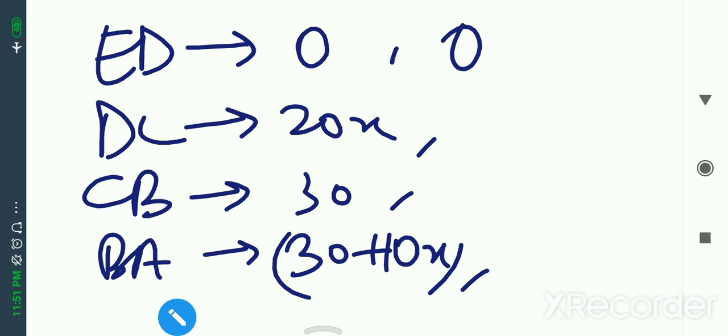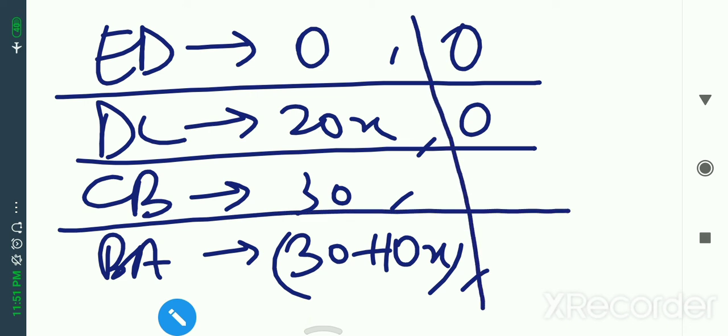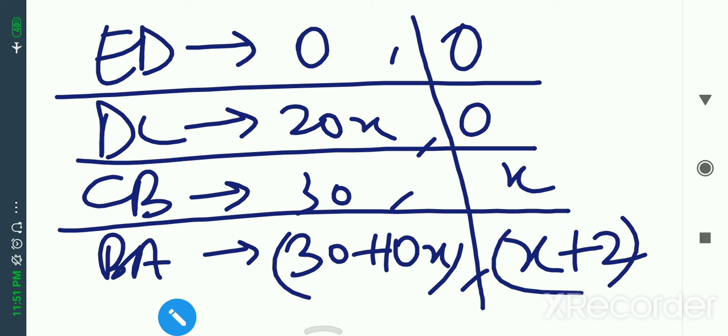The value of small m calculated was 0 for ED, 0 for DC, and for CB, it was simply x, and for BA it was x plus 2. So this is the value obtained.